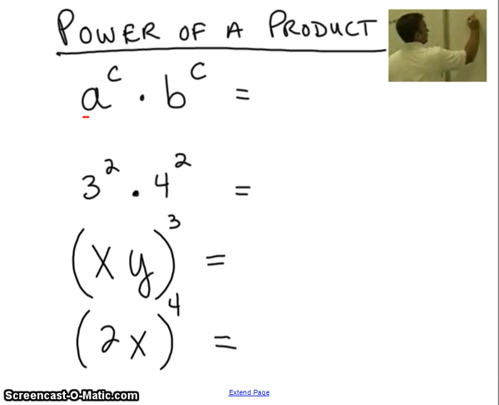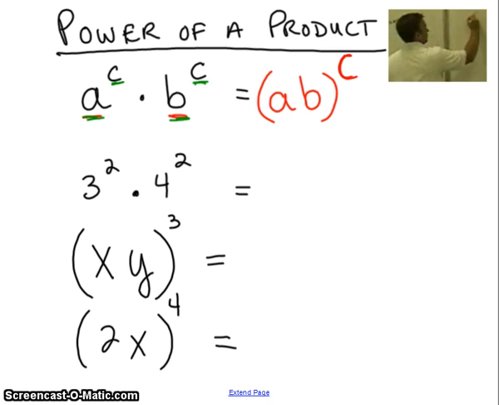Like A to the C times B to the C. The power is the same, but the bases are different. So what that's going to be is we're going to take A times B, raised to the C power, because both of them are to the C.